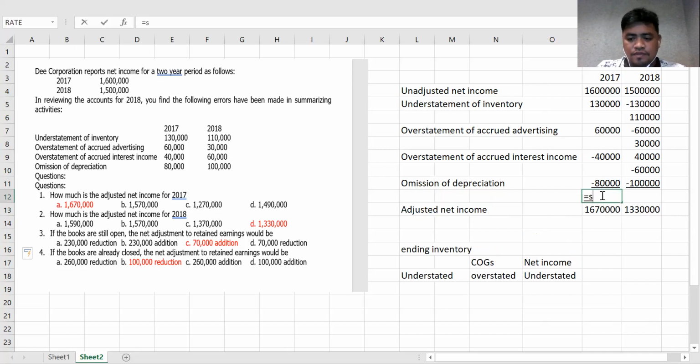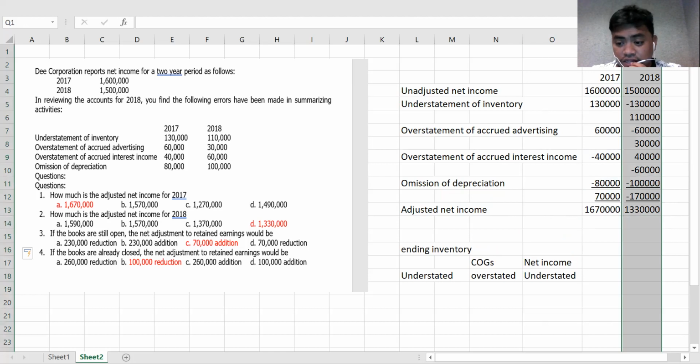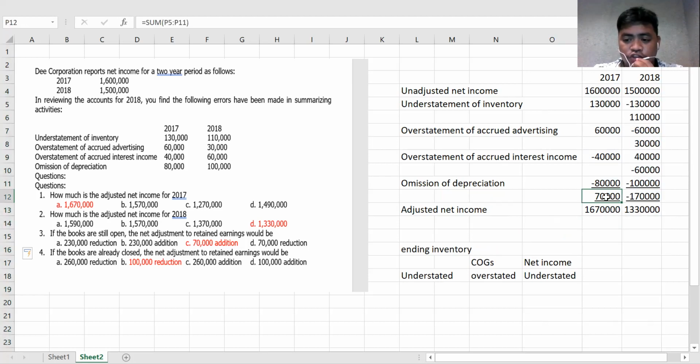The net adjustment is 70,000 addition for 2017, and 170,000 deduction for 2018. If books are still open, meaning you can still adjust 2018, your adjustment would be just the net adjustment for 2017, which is 70,000 addition.